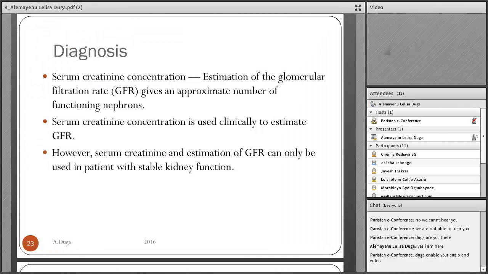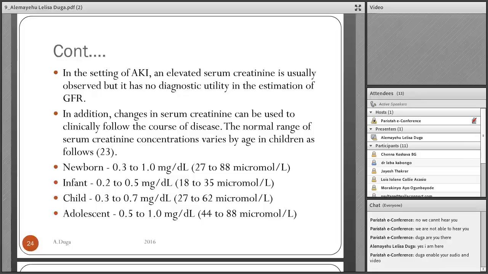So how do you diagnose AKI? Serum creatinine concentration will be the major laboratory parameter which has to be looked at. Estimation of glomerular filtration gives an approximate number of functioning nephrons. Serum creatinine concentration is usually used clinically to estimate glomerular filtration rate, although they are not directly proportional.